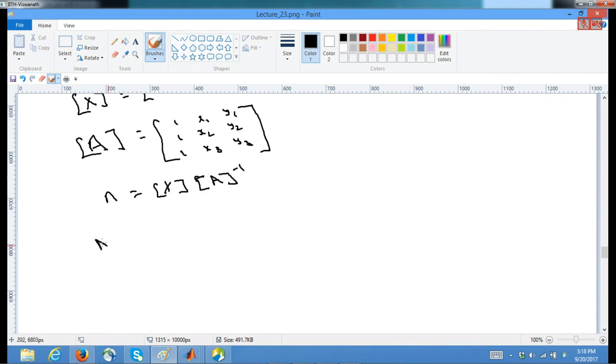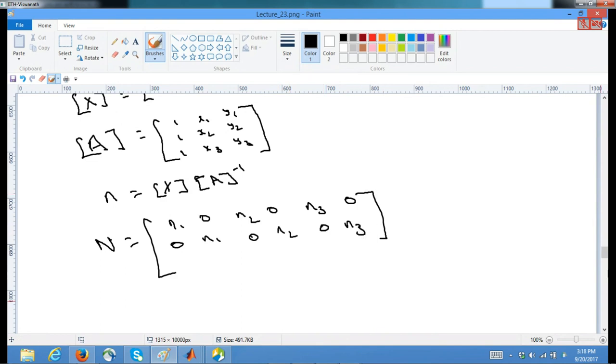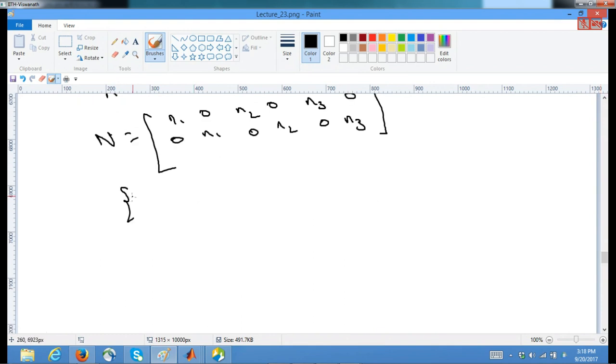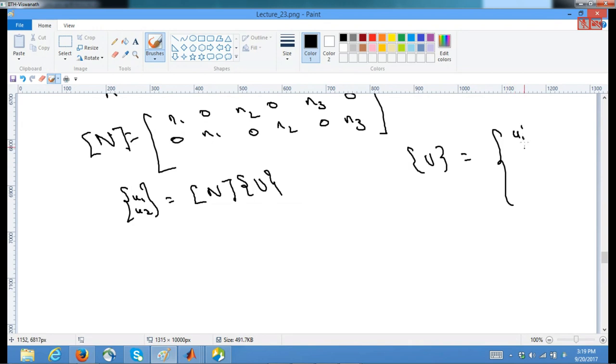Your capital N would be n1 0, n2 0, n3 0, 0 n1, 0 n2, 0 n3, and your displacements u1 u2 are given as N times u, where u are u1 node 1, u2 node 1, u1 node 2, u2 node 2, u1 node 3, u2 node 3, which is also known as your degrees of freedom 1 through 6, d1, d2 and so on up to d6.